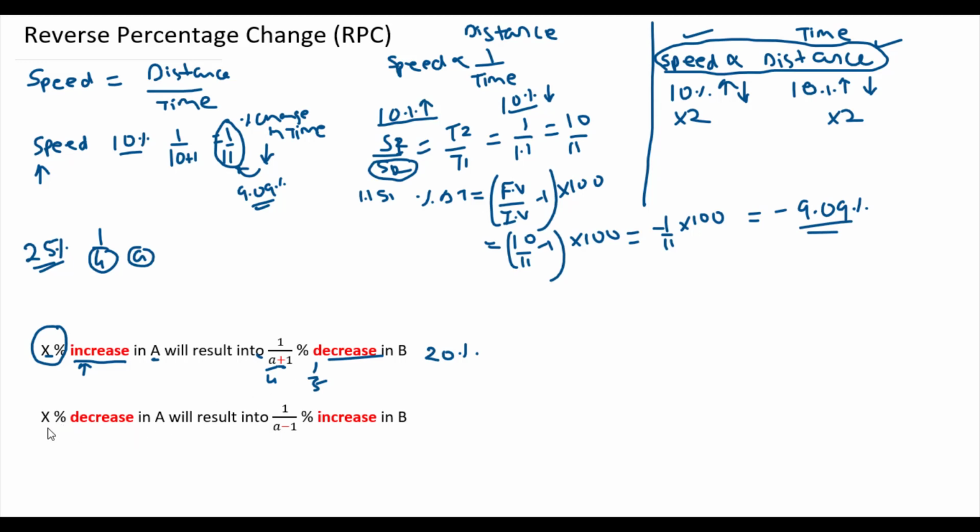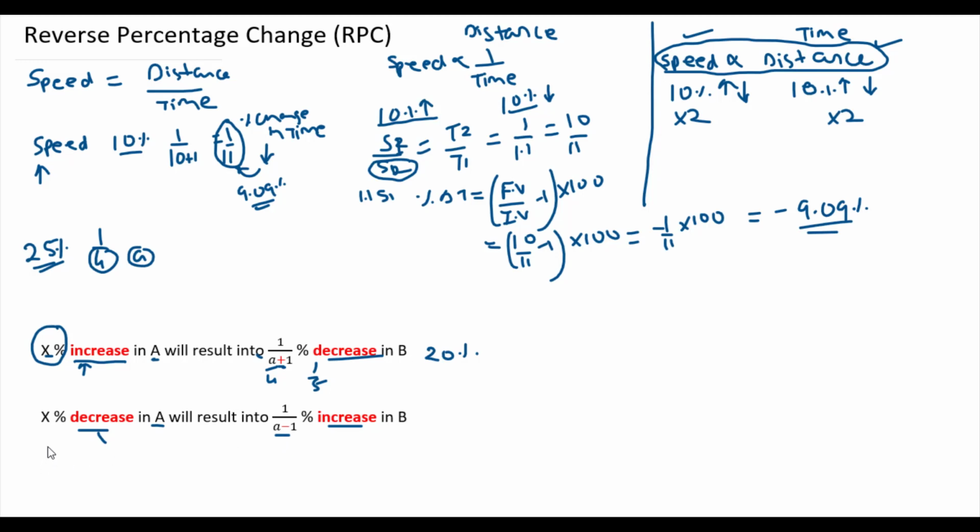Let's see what happens when A decreases. Let's say there is an X percentage decrease in A, it will result in 1 upon A minus 1 percent increase in B. So if A is decreasing, B will increase, because it is a decrease here, that's why we subtract 1 from here. It was an increase there, so we added 1 there. It is decreasing, that's why we have subtracted 1 here.